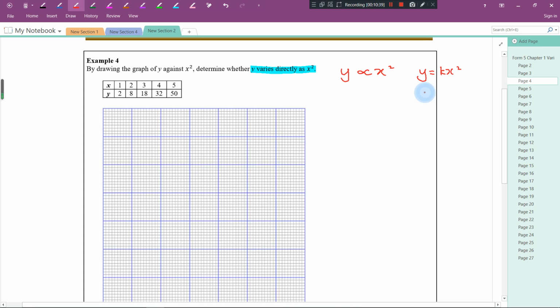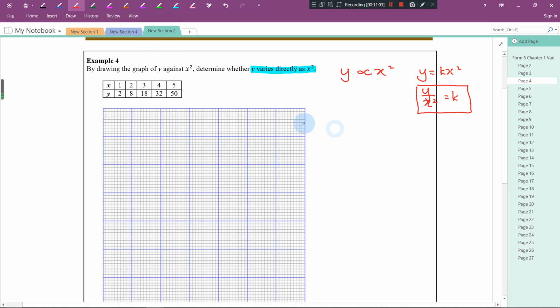So I know that y over x squared will be equal to a constant. If I take the value of y divided by x squared, and I always get a constant, then I can make a conclusion that yes, y varies directly as x squared. If not, then y does not vary directly as x squared.